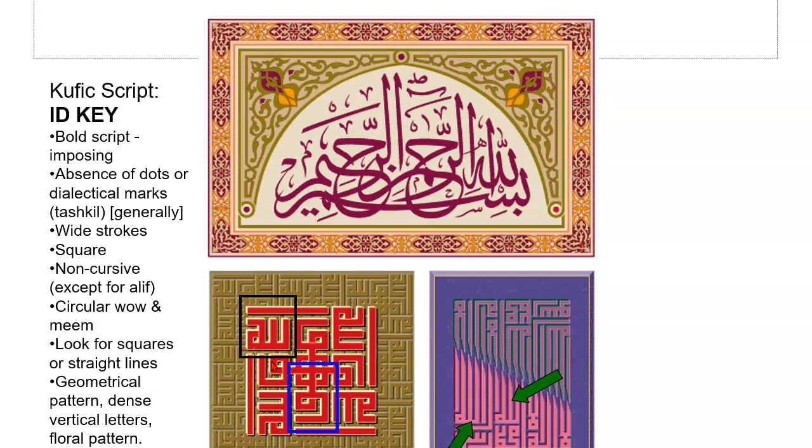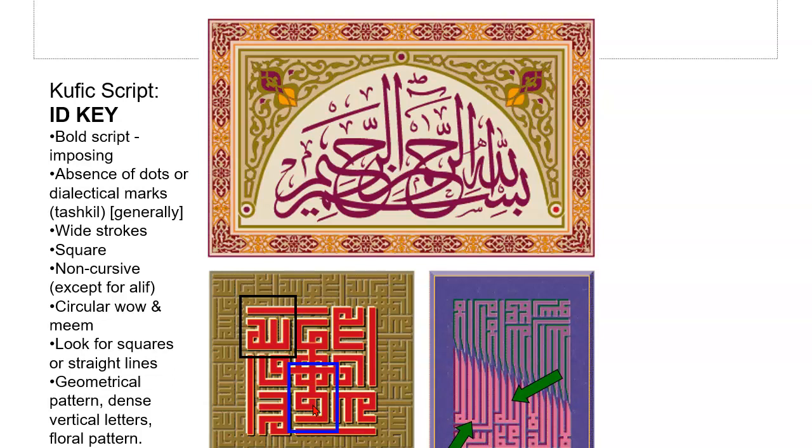Can you see the pattern in all four corners with Alif? What about the middle? What will go with the word Allah, like in Arabic, right? So you could kind of guess, and you're trying your best, right?